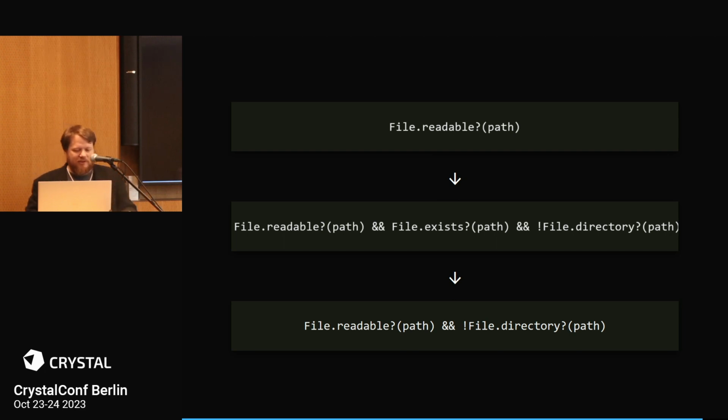We don't need the exists, but it's again a bit clunky, and you can check file readable and not a directory, and then you can probably read from it. There might still be some file system driver issues or whatever, but usually that gives you a file of the kind that can be read from. Same story, maybe we could find a shorter version for that.